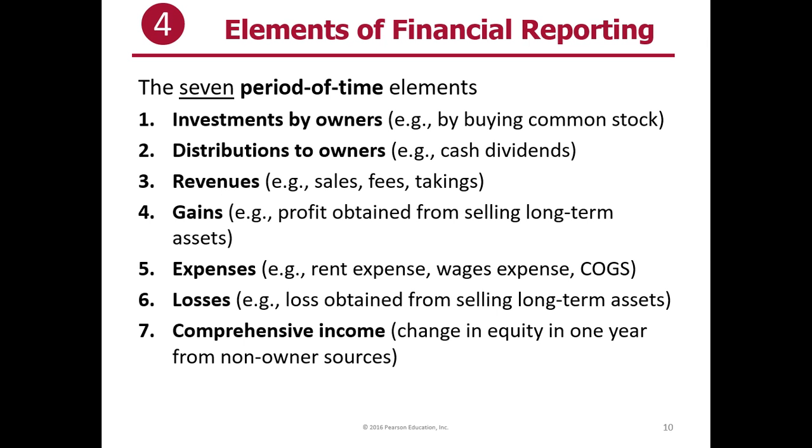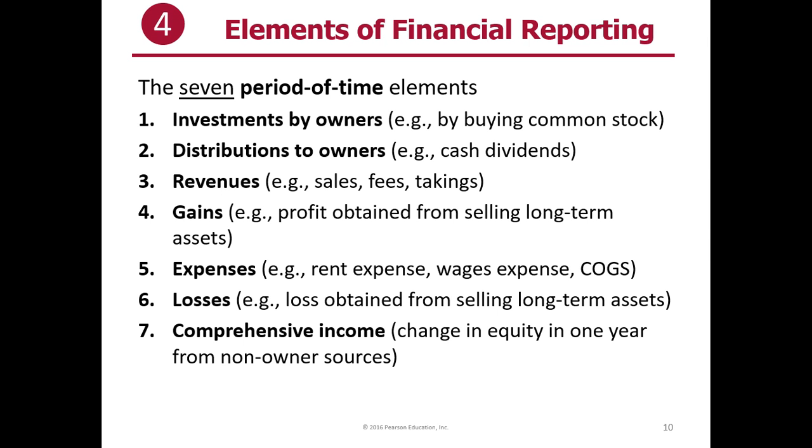Revenues, sales. Just remember sales. That will be enough for you to understand what revenues are. Gains, when you make profit on long-term assets. Expenses are rent, wages, etc. COGS is cost of goods sold. So if you want to remember, write it down there, cost of goods sold. Losses are the opposite of gains.